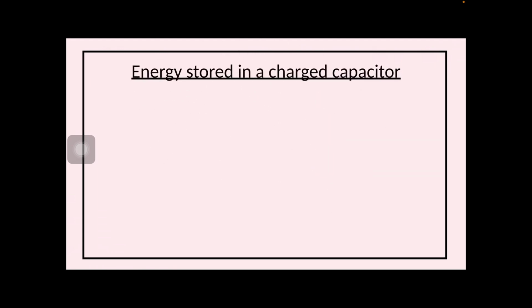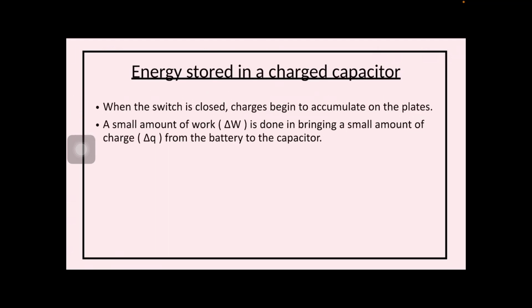so look at the last one. Energy stored in a charged capacitor. So when the switch is closed, charges begin to accumulate on the plates. A small amount of work is done in bringing a small amount of charge delta Q from the battery to the capacitor.